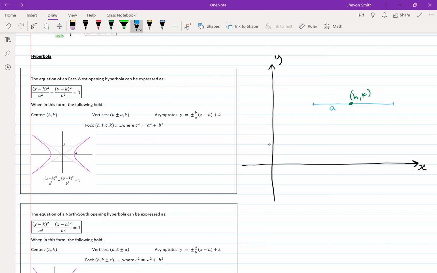A units to the other side. Then for b, we're going to move b units up, b units down. Let's call that b. And again, you get a box. Right, so again, this is a little skeleton here.